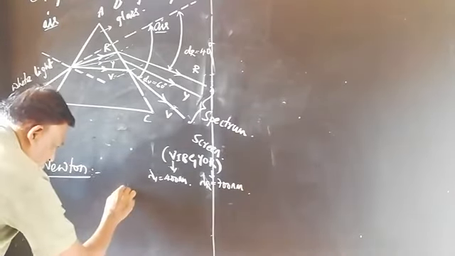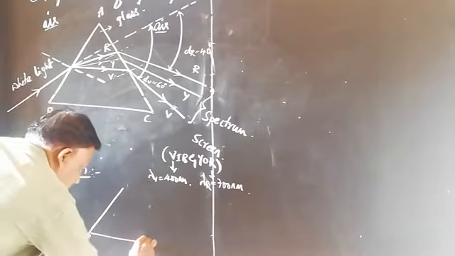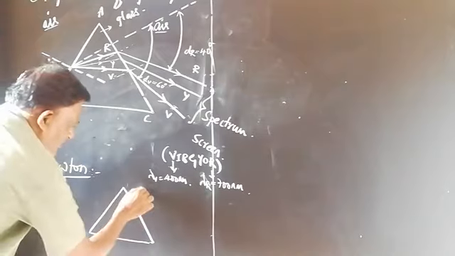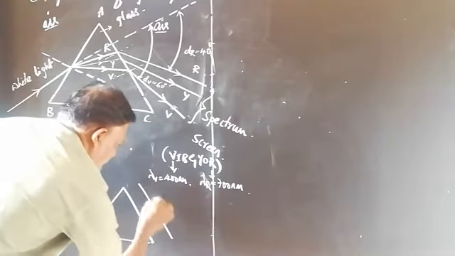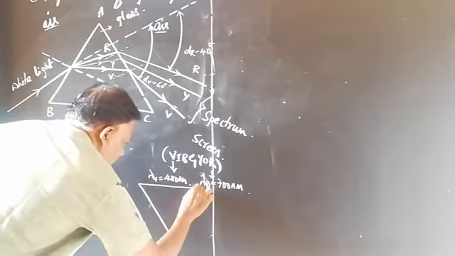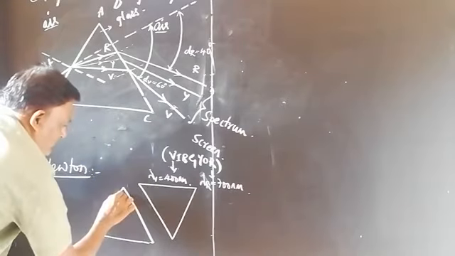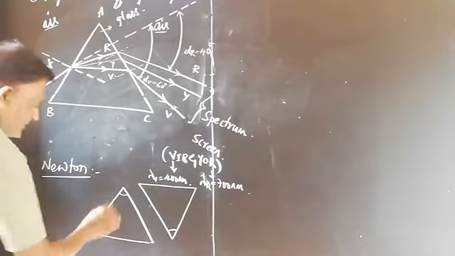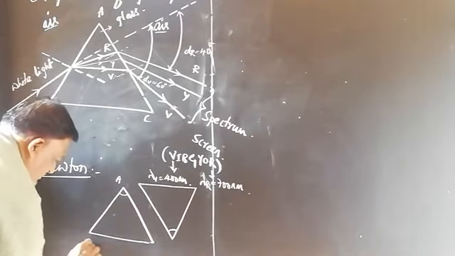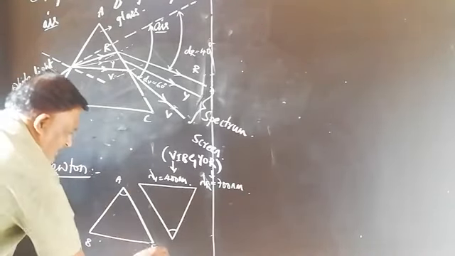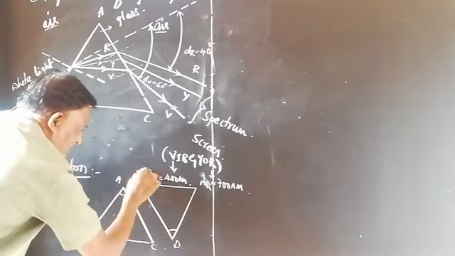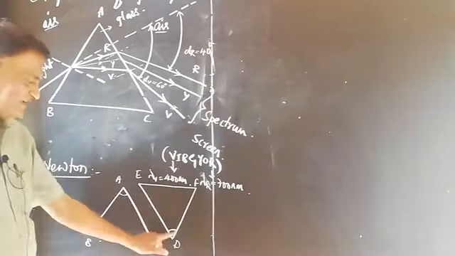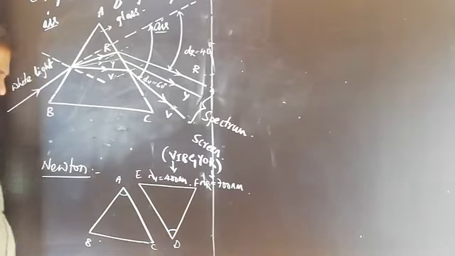For that, he considered 2 prisms, placing their refracting angles inverted. So ABC is one prism and DEF is the other prism with their refracting angles inverted.